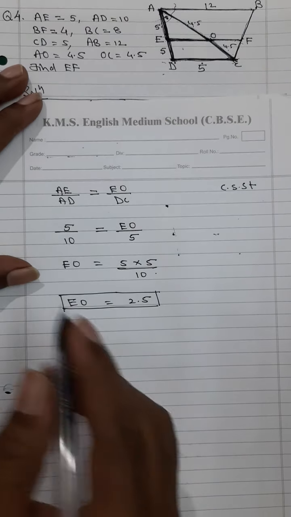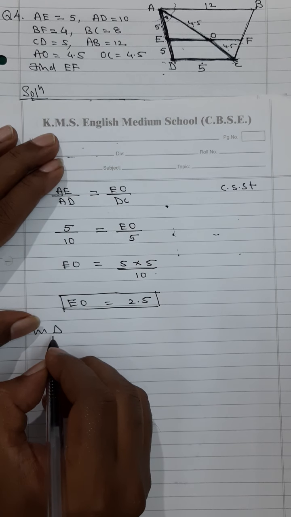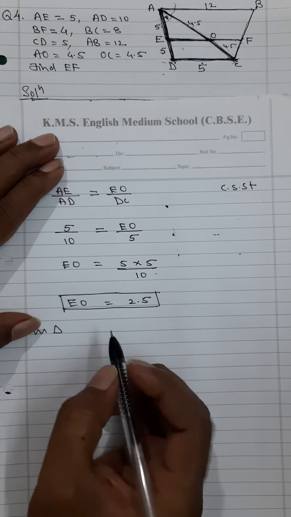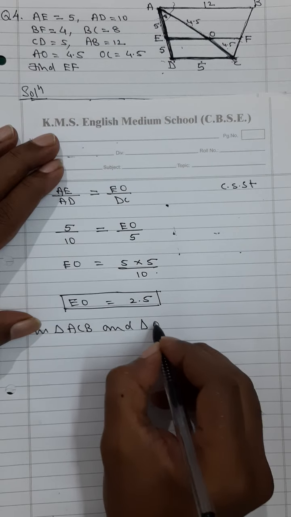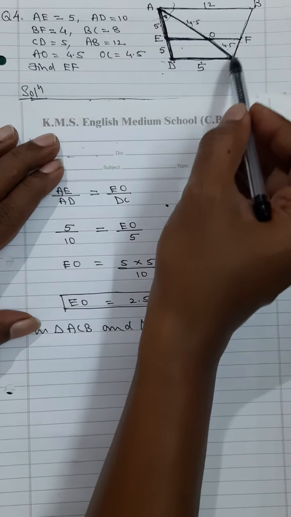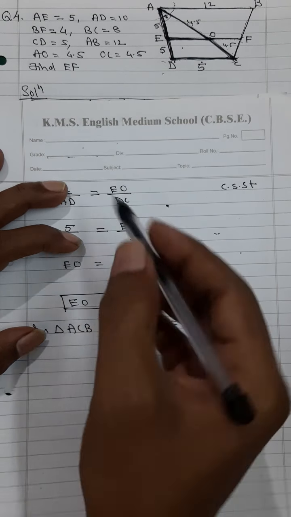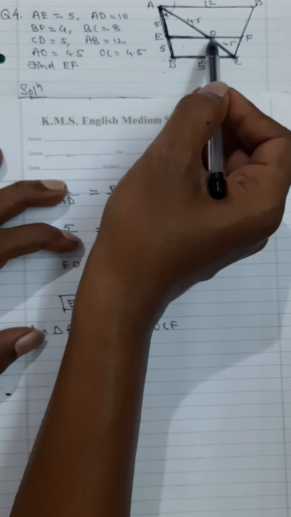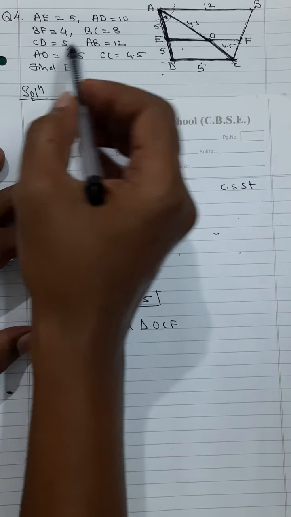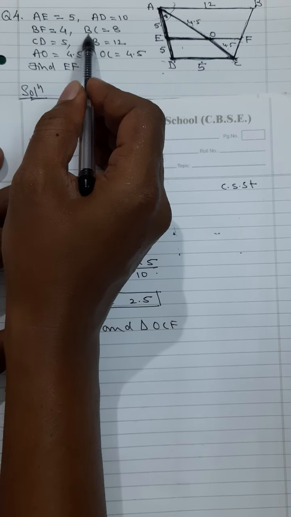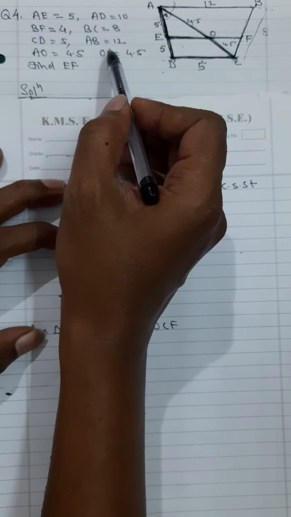Fine. Similarly, I will go to triangle ACB and triangle OCF. Here also, CO is 4.5 given, AO is 4.5 given, but when it comes to here, they have given me BC is equal to 8.